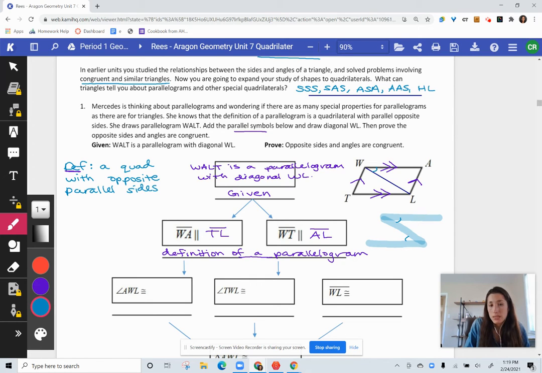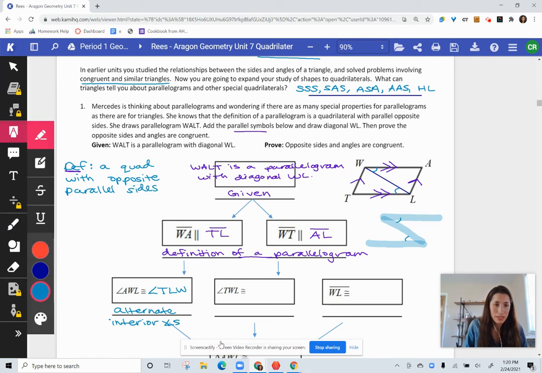So I have AWL, that's this angle listed here. That would be congruent to TLW, that's this angle here. And those are congruent because of the Z shape. We call that the alternate interior angles theorem.